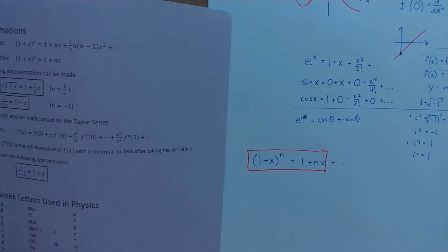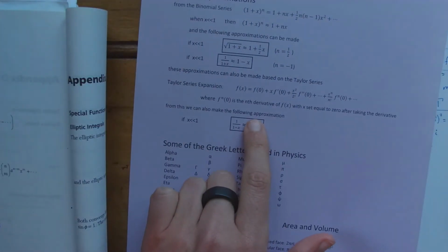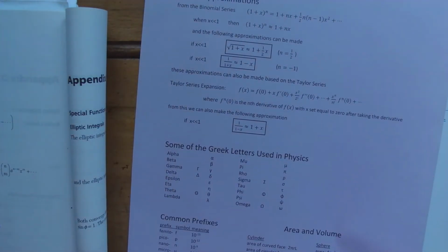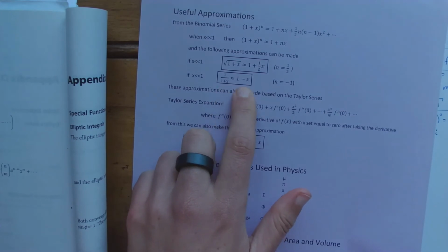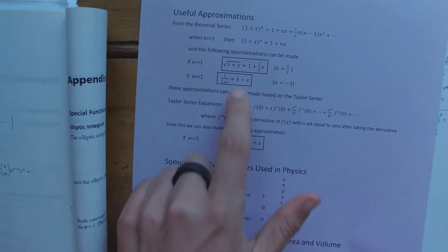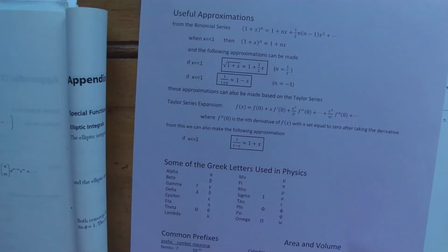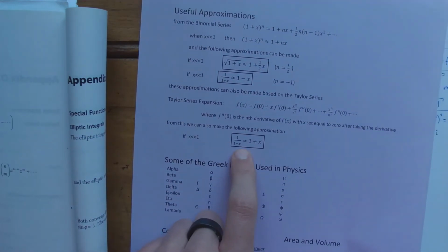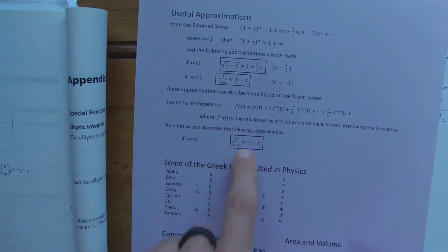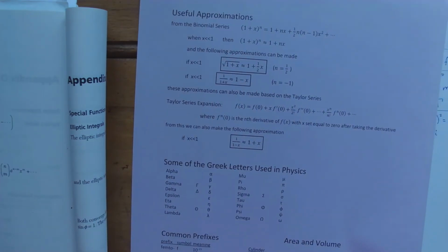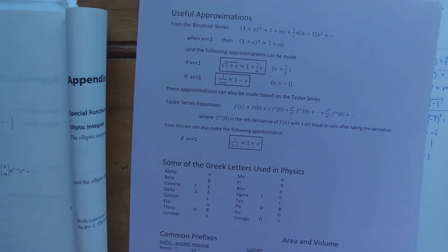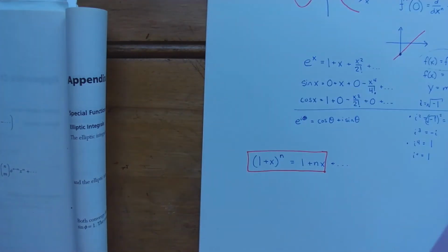And then you can also make the following approximation here, which you could get from the one that we have here. If you take this and take the reciprocal of both sides, you'd get this equation here. So these 3 approximations we are going to be using, and now you know where they came from.